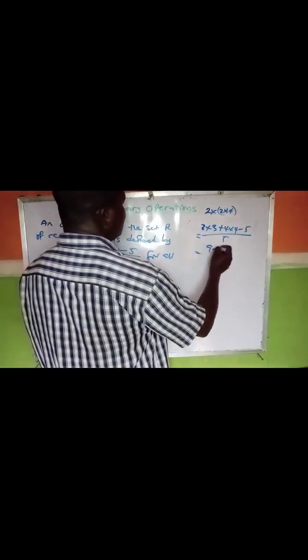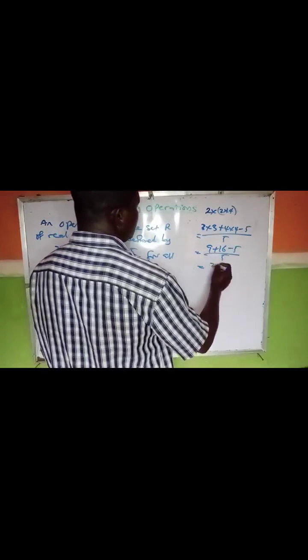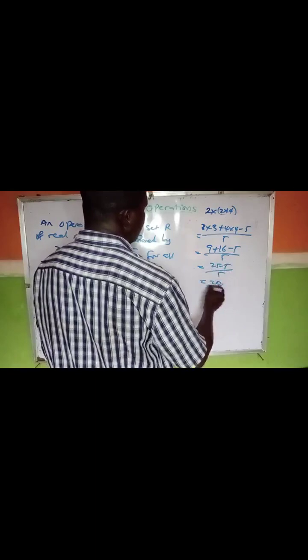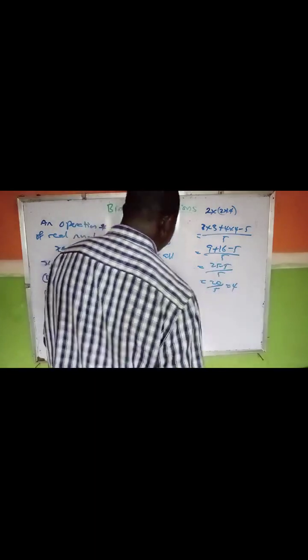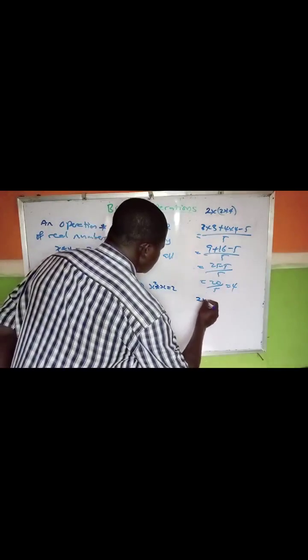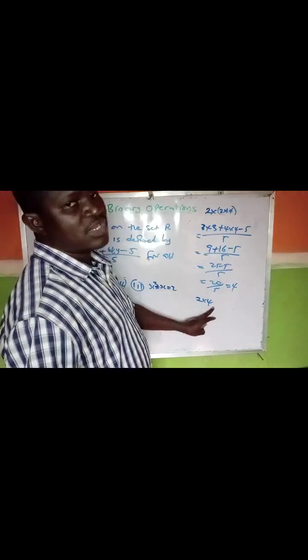So here you will have 9 plus 16 minus 5 over 5. What you have here is 25 minus 5 over 5, so you will have 20 over 5, which is equal to 4. So what you have again is 2 asterisk 4, because the solution for this one is 4.